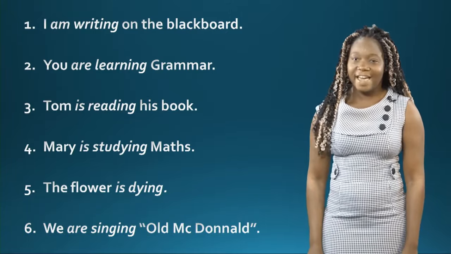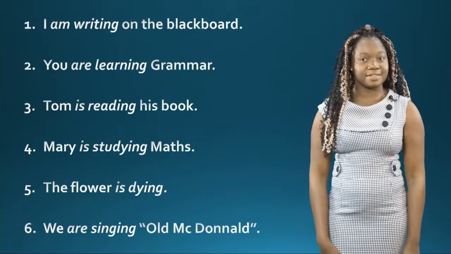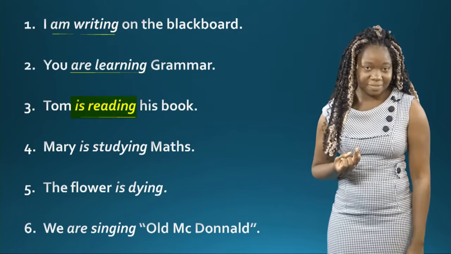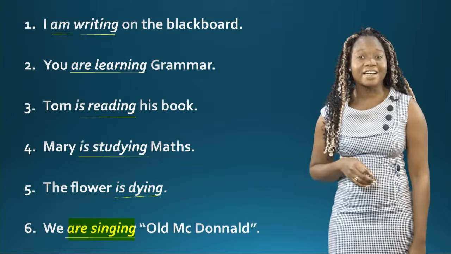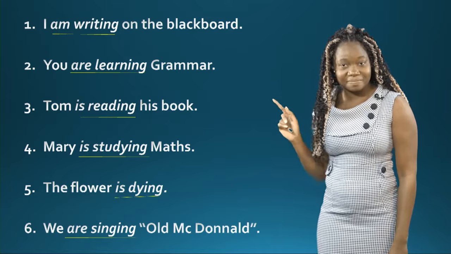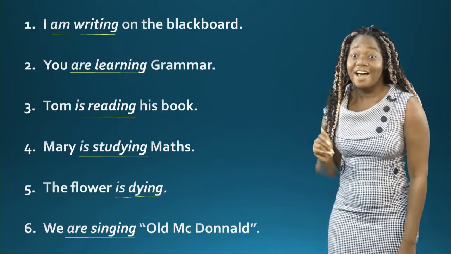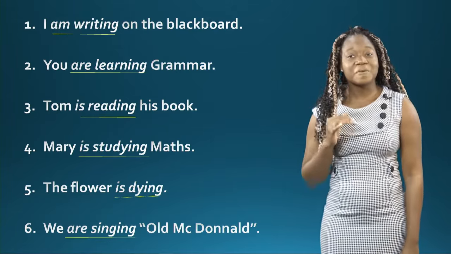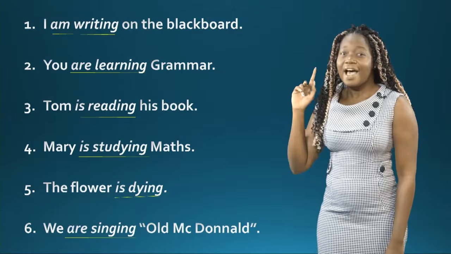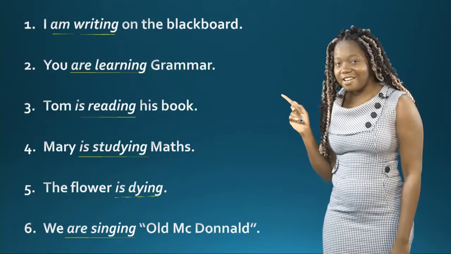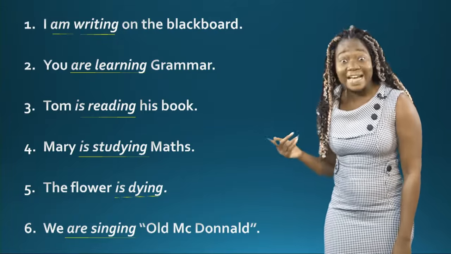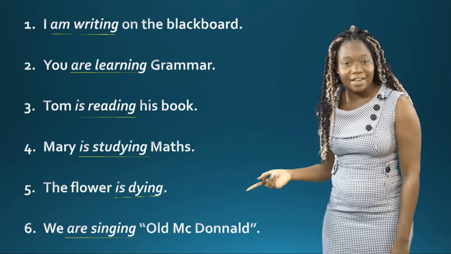Can you identify the verbs in these sentences? I'm writing, are learning, is reading, is dying, are singing. All of these words underlined are verbs. And they're using a specific tense. Let's go through them again. I'm writing, are learning, is reading, is studying, is dying, are singing.